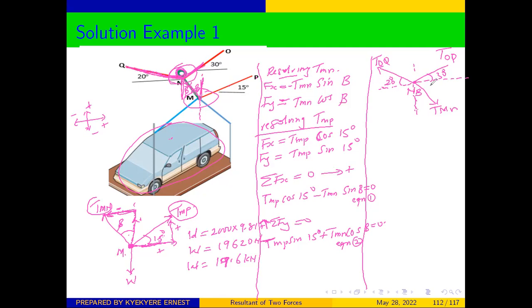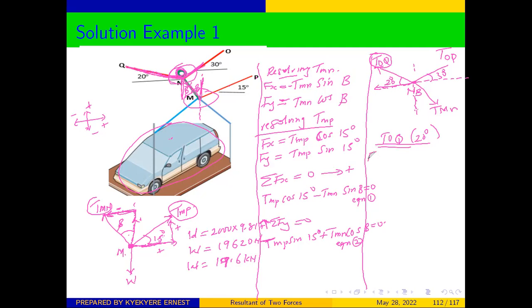Good. Therefore, now let's resolve first the one here into components. Resolving TOK, which is making an angle of 20 degrees with the horizontal, you can see that this is the starting point and this is the end point of the force. Therefore, we are going to move this direction on the x, and this direction is negative.